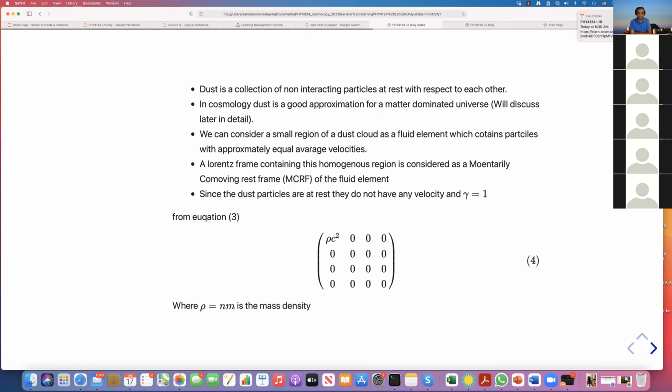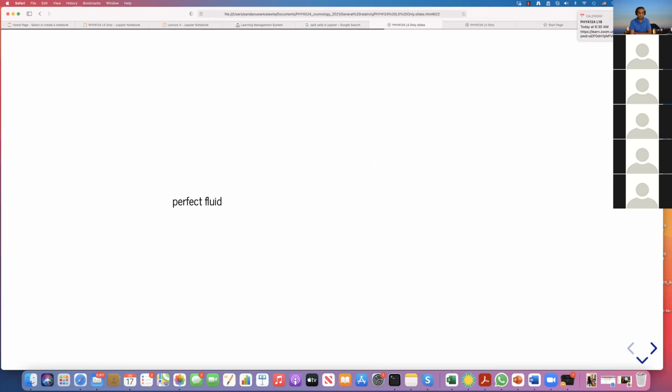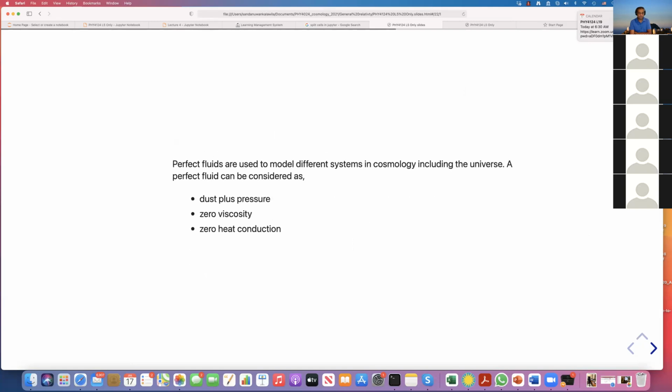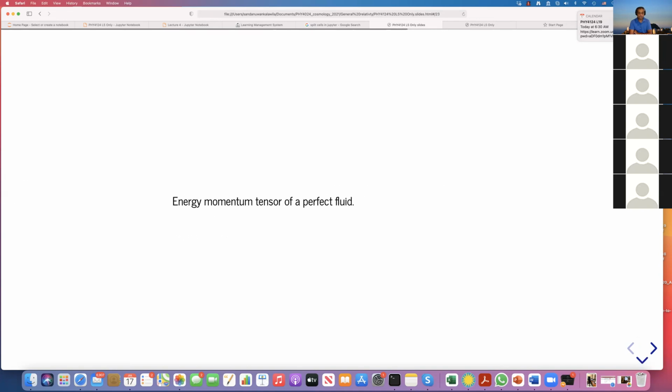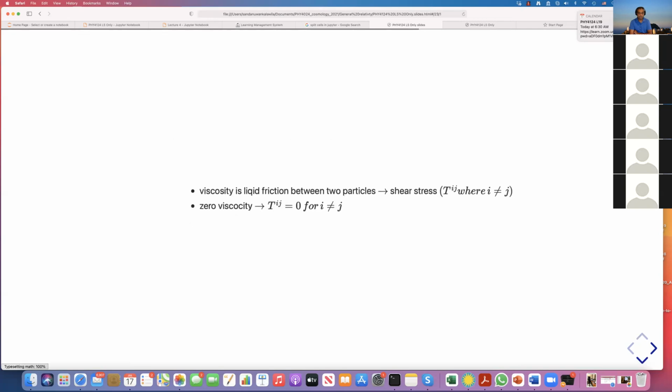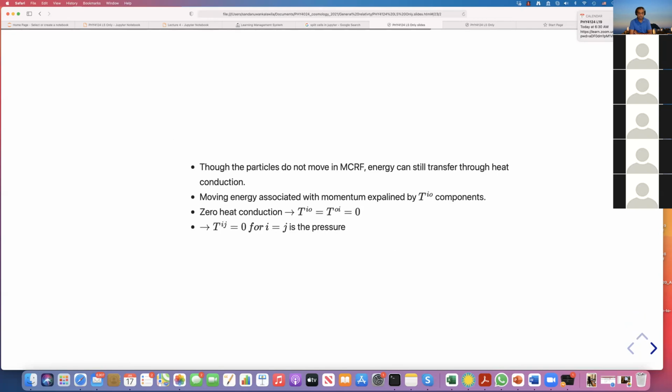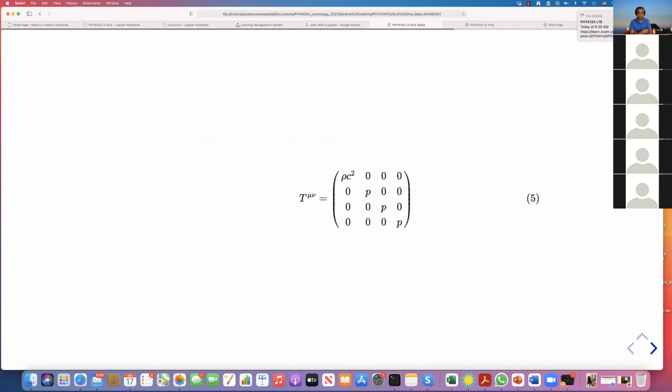And then we talked about the perfect fluid, and under the perfect fluid there are 3 conditions. A perfect fluid is basically dust plus pressure, and then you have 0 viscosity and 0 heat conduction. Under those conditions, you can again reduce the energy momentum tensor to this form right here, which means you will have only diagonal terms, right?